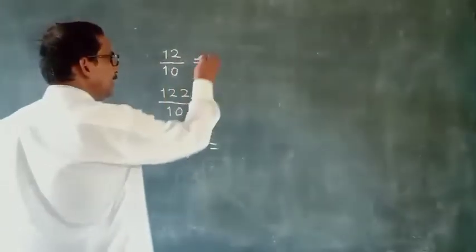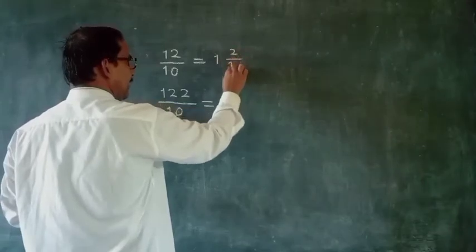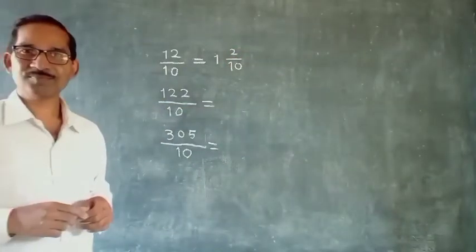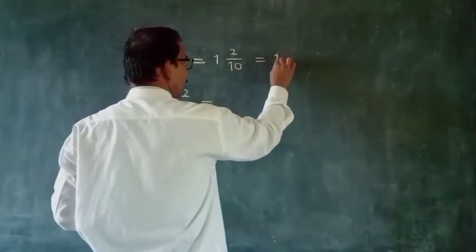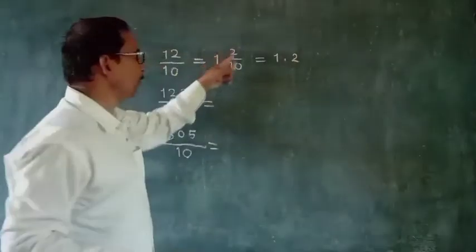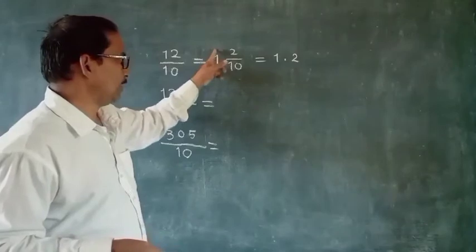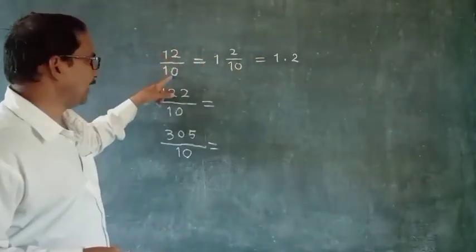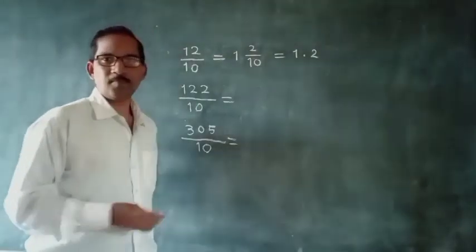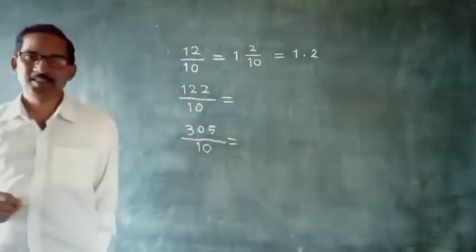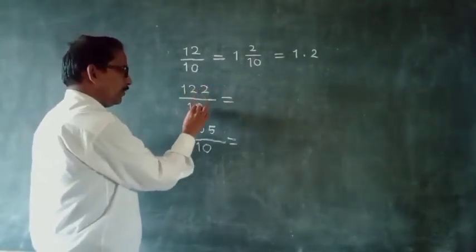So it will be 1 whole 2 by 10, that is 1.2. 2 by 10 is equal to 0.2. 1 is a whole number. Then 12 by 10 will be 1.2. So while making this fraction into decimal, we will see 122 divided by 10.